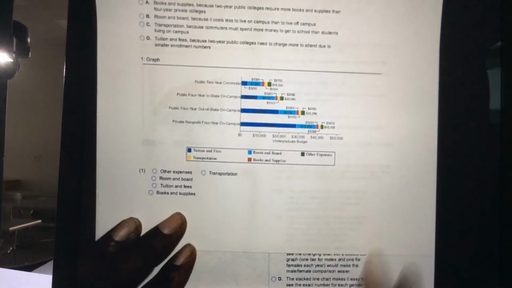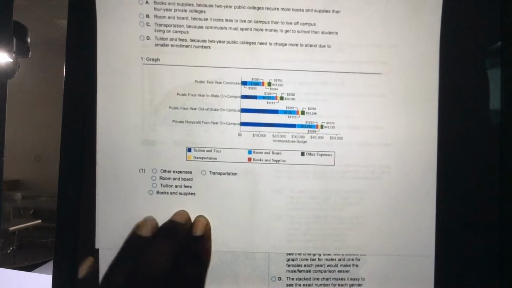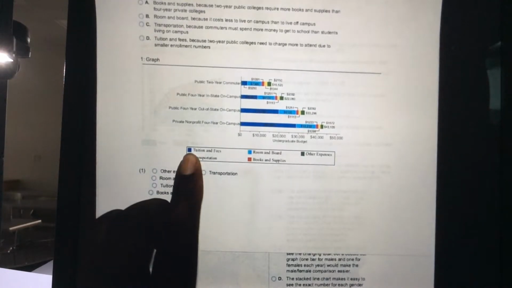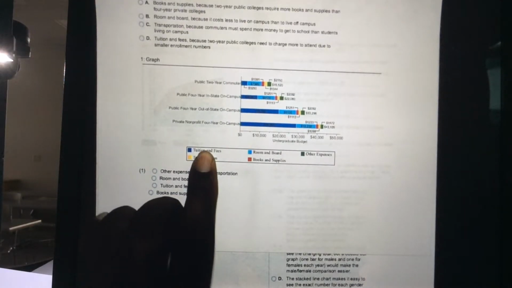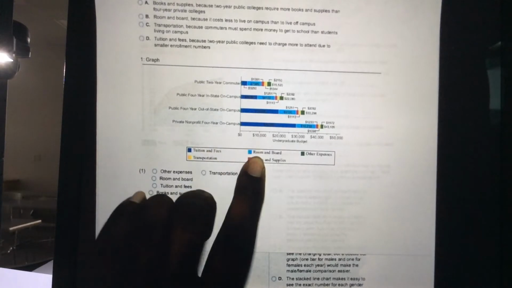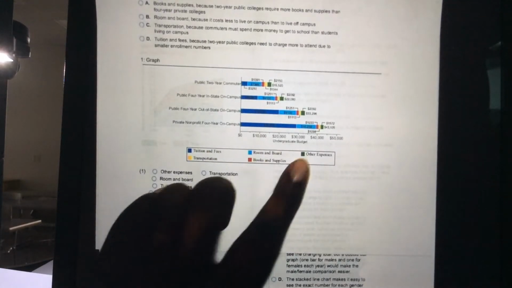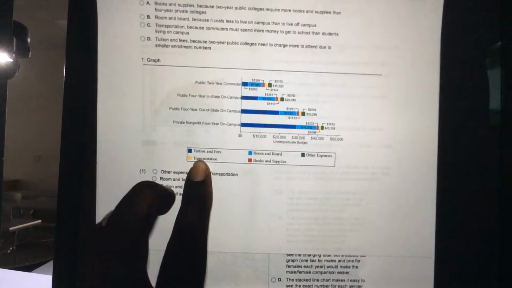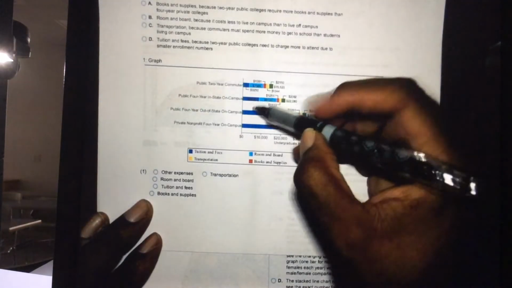In this case, we need to find which one of these varies. And as you can see here, the dark blue represents tuition and fees, the light blue, room and board, the green, other expenses, the yellow, transportation, and the red, books and supplies. Okay, we can eliminate the tuition and fees.